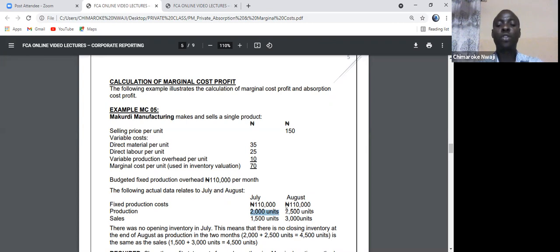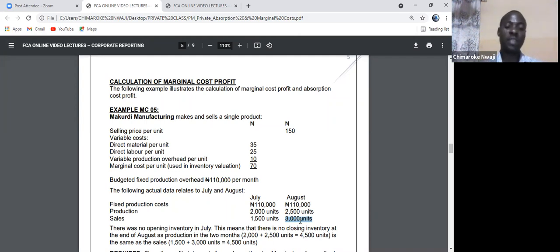In August, we have 2,500 units produced. When you add 2,000 to 2,500, you have a total of 4,500. Now let's look at sales. In July, we sold 1,500 units. In August, we sold 3,000 units. When you add them together, you also have 4,500. That means in August, there was no closing stock.